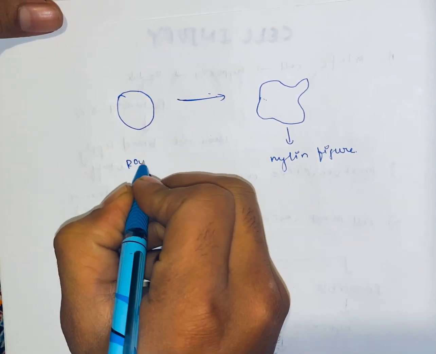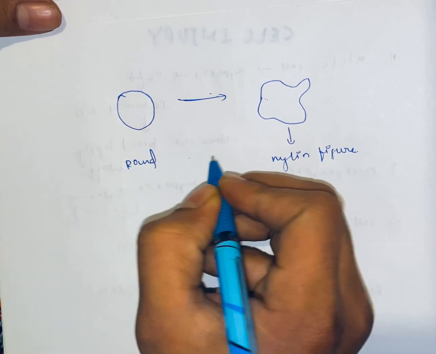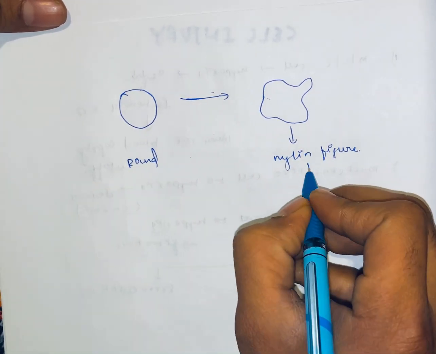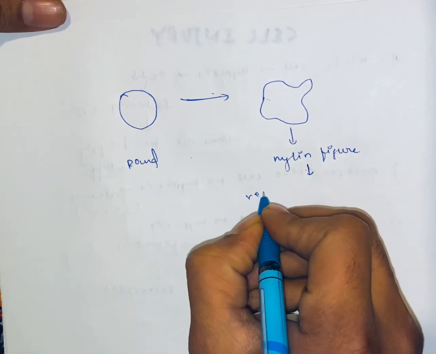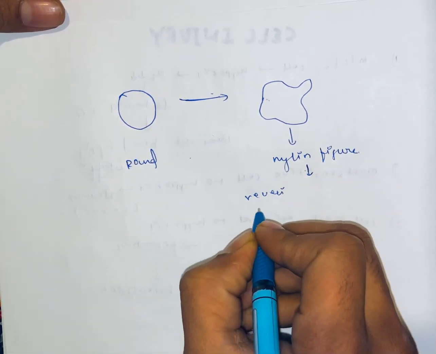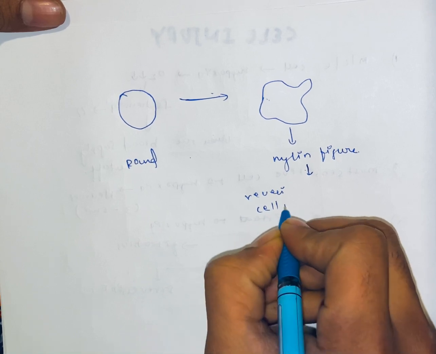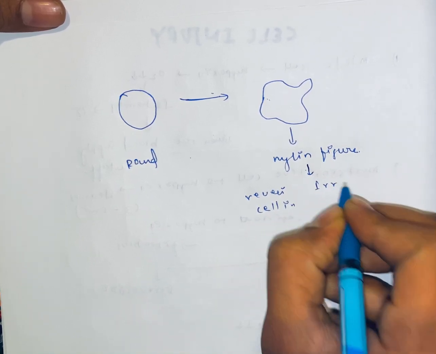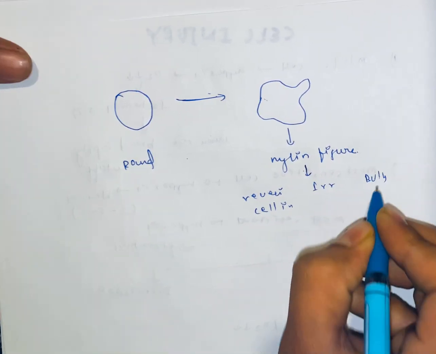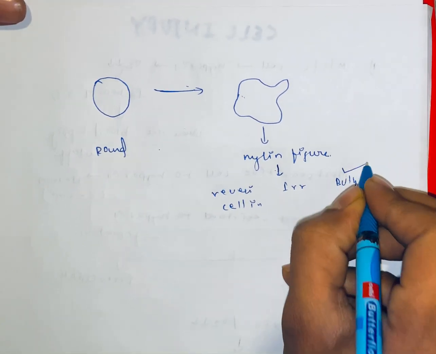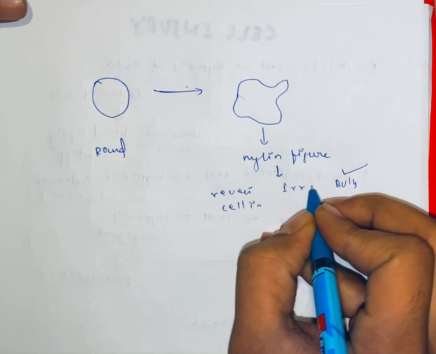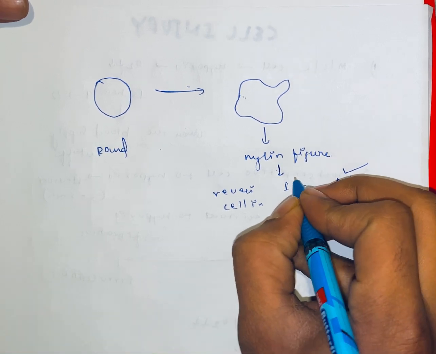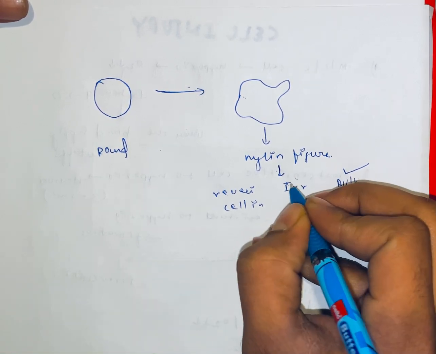From round to myelin figure. The question comes: is myelin figure seen in reversible cell injury or irreversible cell injury, or both? If both is an option, then we will tick both. But if reversible or irreversible are given separately, then we will choose reversible.